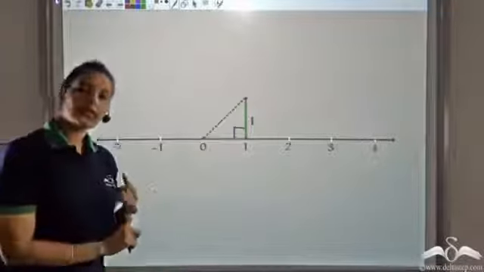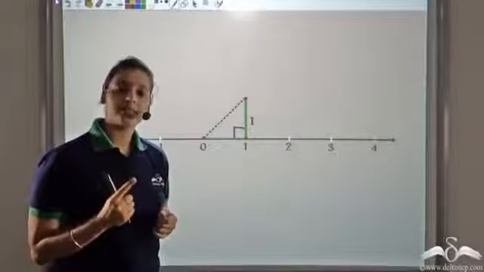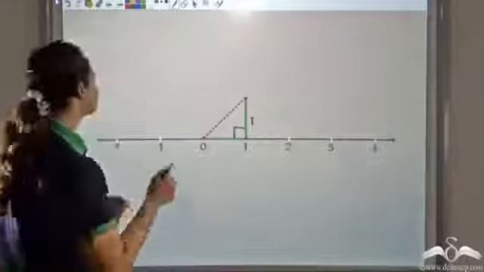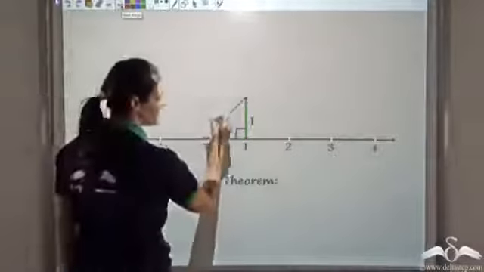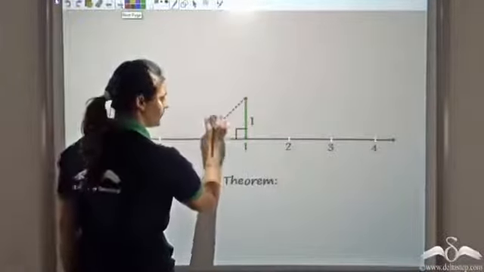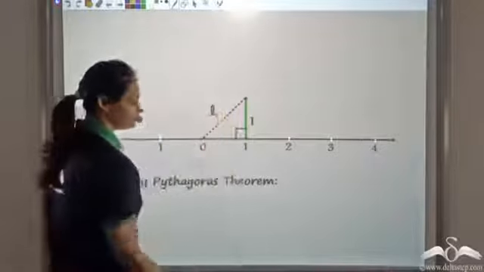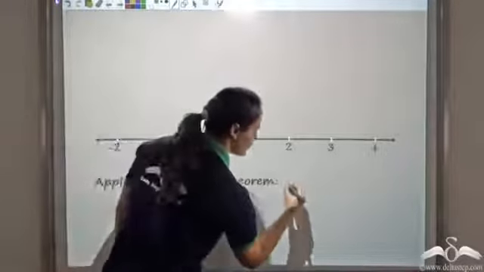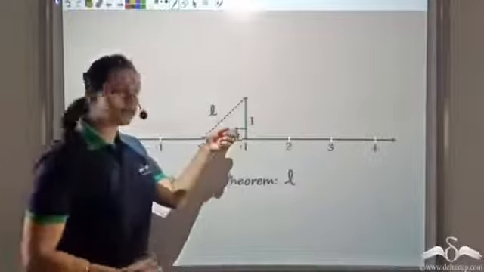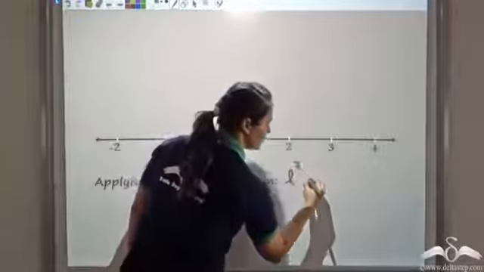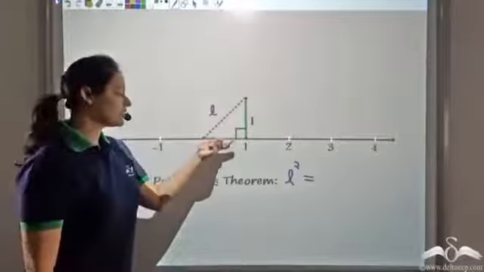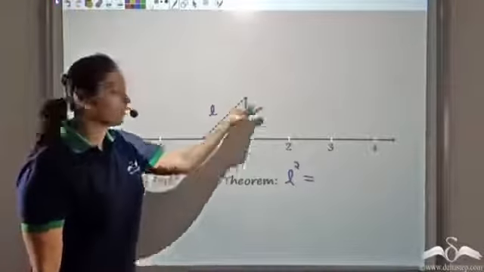Now as soon as I have a right angle triangle, what strikes me is the Pythagoras theorem. So I can apply the Pythagoras theorem here. Let's say the length of this purple line is L. Applying the Pythagoras theorem, L is the hypotenuse opposite to the right angle, so L square would be equal to the sum of squares of the other two sides.